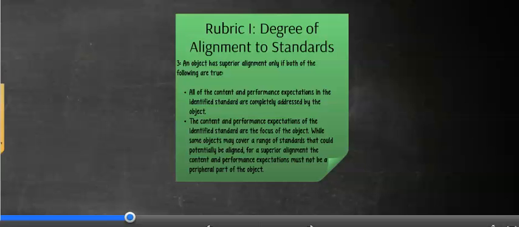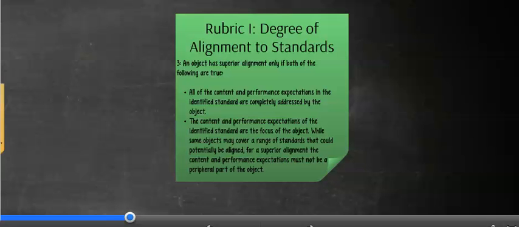So let's take a look at Achieve rubric number 1, which is degree of alignment to standards. The OCW course actually scored a 3, which in order to receive a 3, the following had to be true. All of the content and performance expectations in the identified standard are completely addressed by the object. The content and performance expectations of the identified standard are a focus of the object.